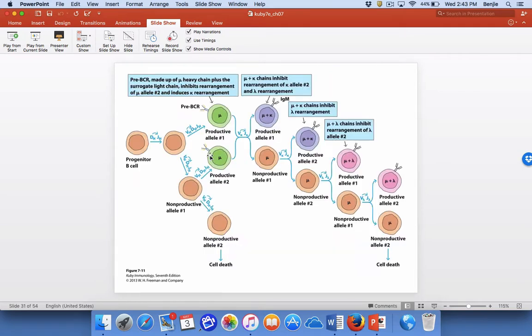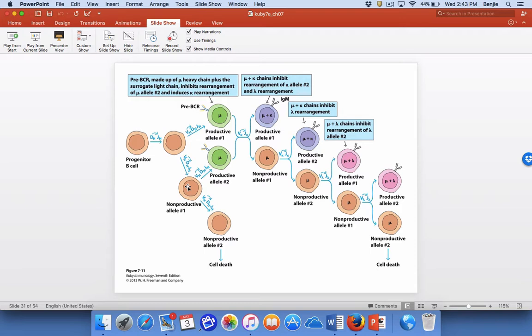So let's look at how you generate functional immunoglobulin receptors through this rearrangement complex that can occur. Heavy chains rearrange first. If something happens and the cell is unable to produce a functional heavy chain, then that cell is killed off.